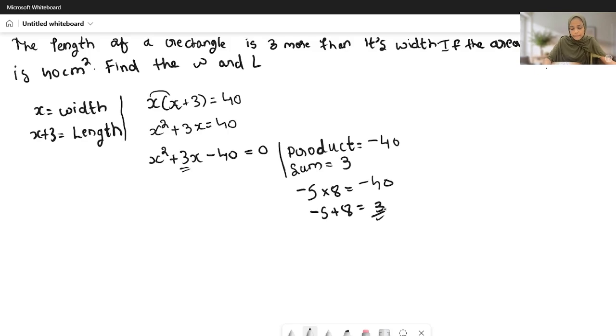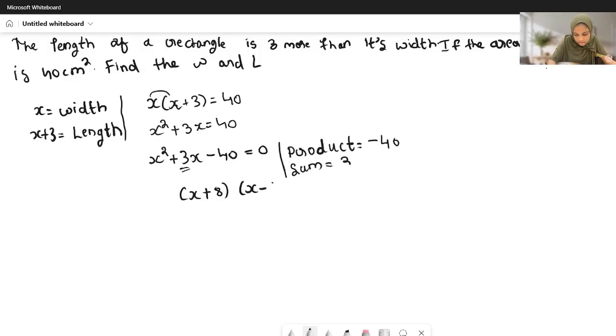Meaning the two numbers are minus 5 and positive 8, and we write it like x plus 8 and x minus 5. This is how we write it, and we have to solve it.